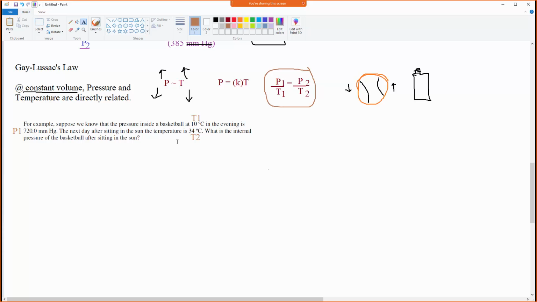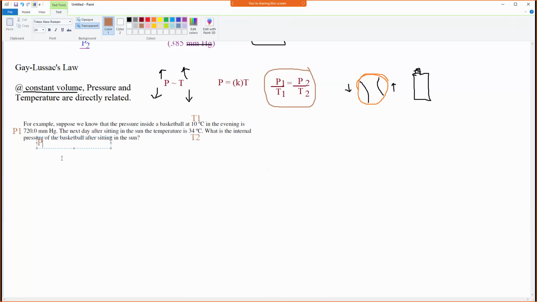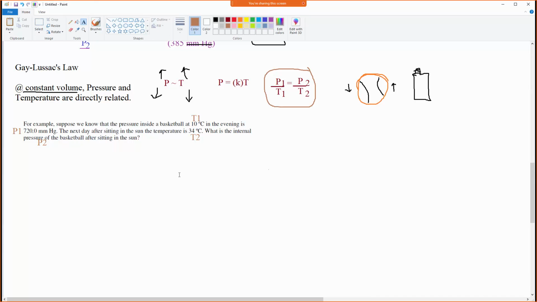Internal pressure, that's what we're looking for, right? P2, the next day. Everybody agree with those? All right. And if we're solving for P2, what do we need to do to solve for P2 for this equation?